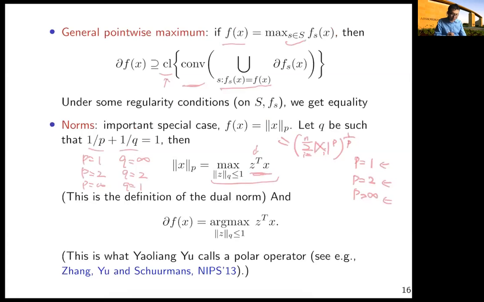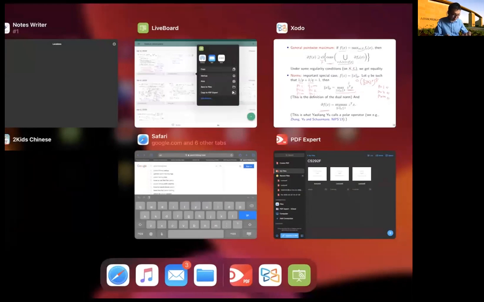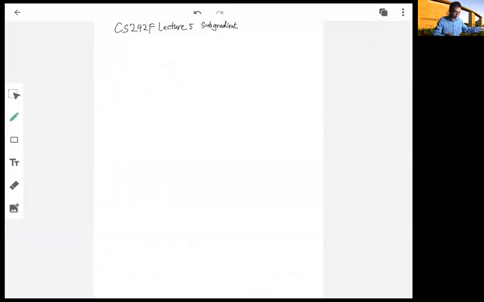In addition, the argument that achieves the argmax gives us the subgradients. This is an interesting observation. We'll give two examples of these by writing on the board. The first example is the L1 norm. Let me make it a little bit bigger.